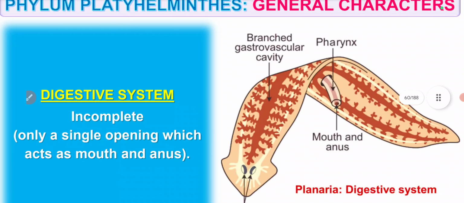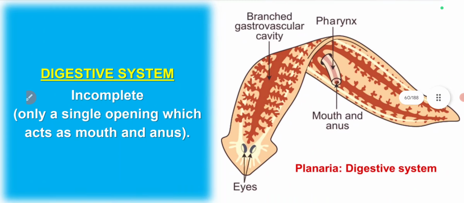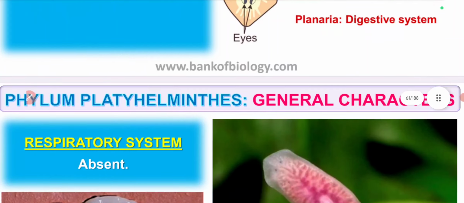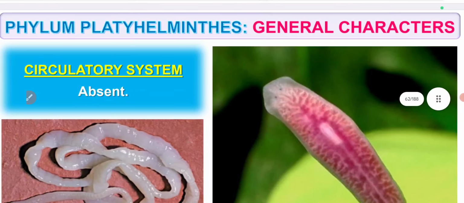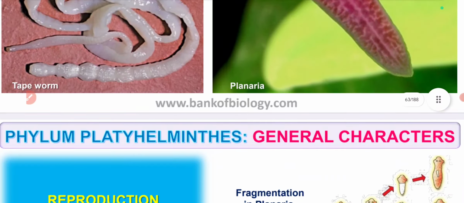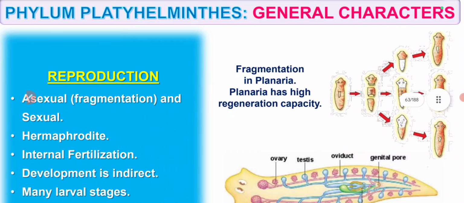General characters: digestive system incomplete, meaning only a single opening acts as both mouth and anus, as you see in the diagram. Respiratory system absent, circulation also absent. Reproduction is asexual by fragmentation and also sexual, like fragmentation in planaria.